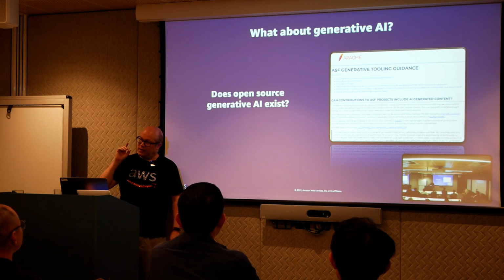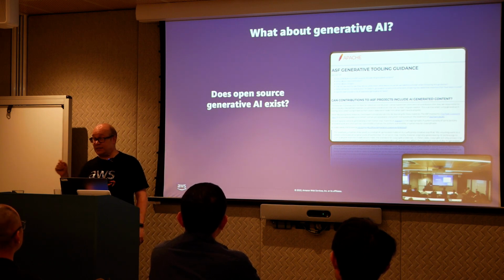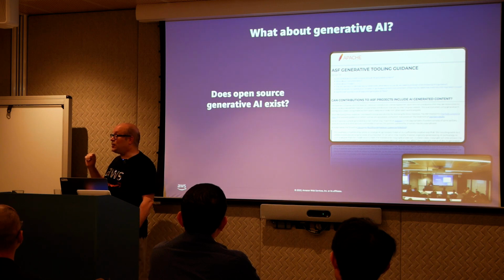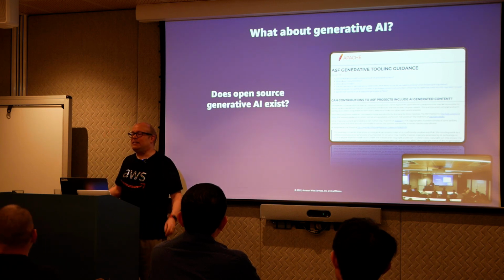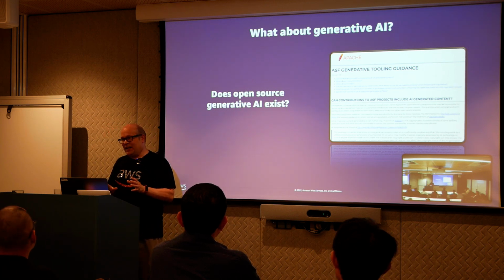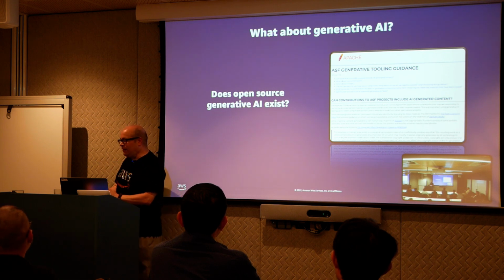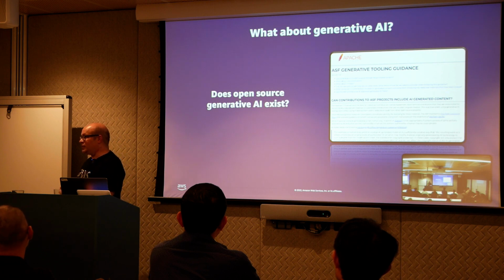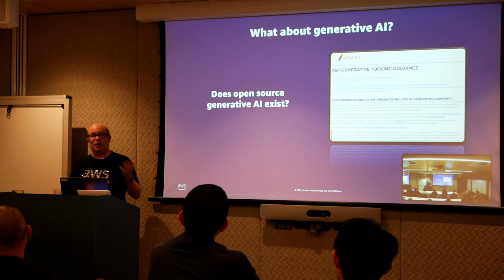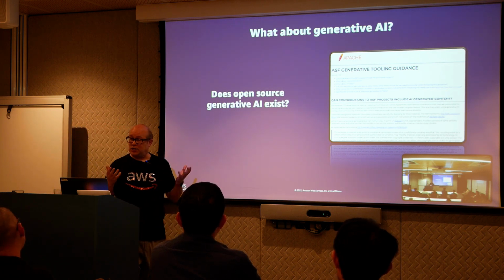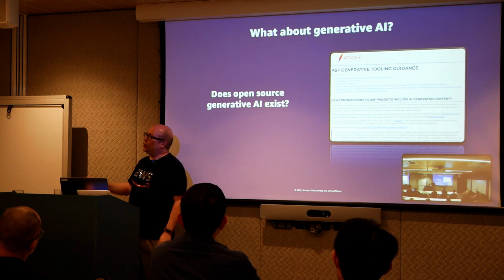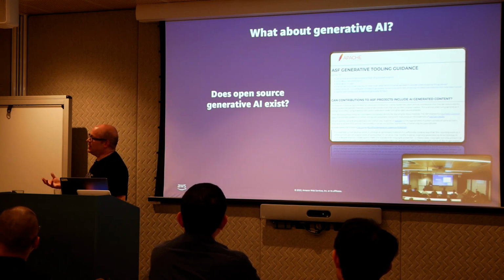Last year in October, the US Copyright Office issued an announcement saying that the output of generative AI cannot be copyrighted. Now think about that for a second. If you are using generative AI to write a story, write some music, create a picture, or write some code, you cannot apply copyright to that.